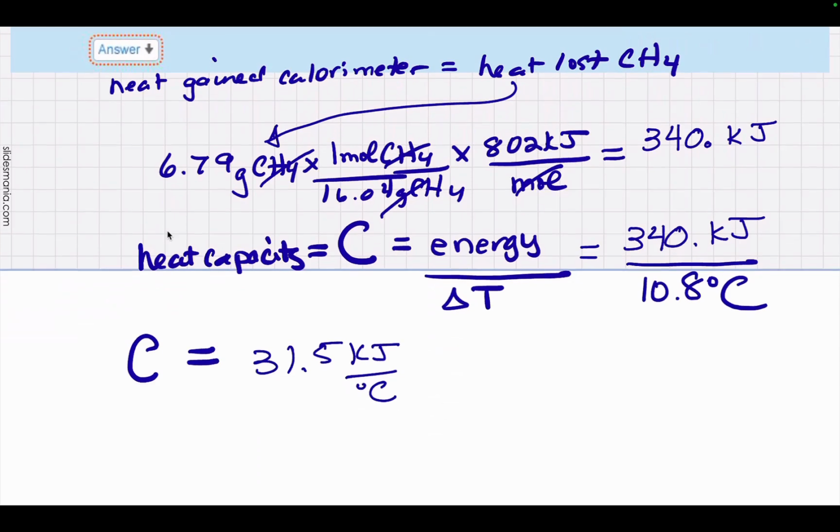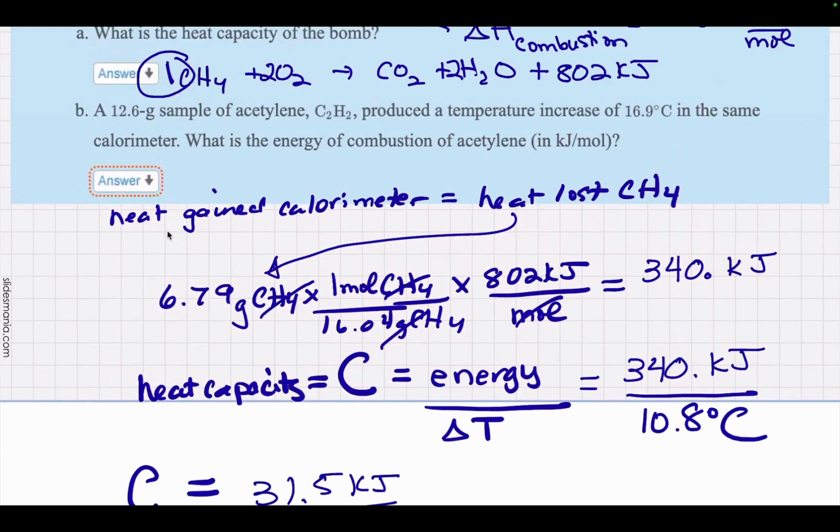Once I determine that heat capacity of that particular calorimeter, I can use that to figure out the energy of combustion of other things. So for letter B, we have 12.6 grams of acetylene, which is what they use in welding, and we know that it changes temperature by 16.9 degrees Celsius.